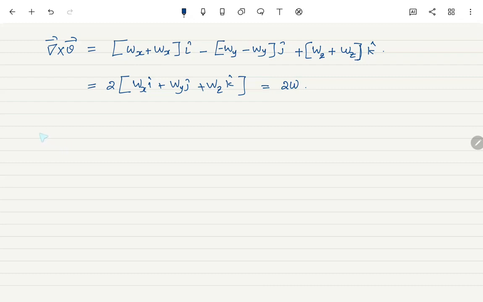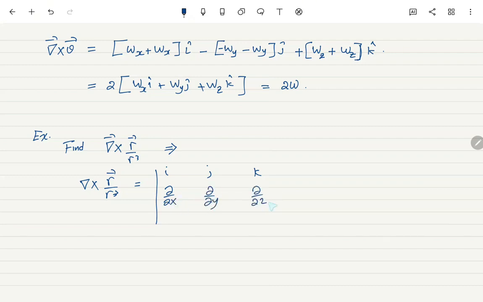As another example here, find curl of r over r cubed. The solution for this one is equal to, again open the determinant: i, j, k, partial x, partial y, partial z.